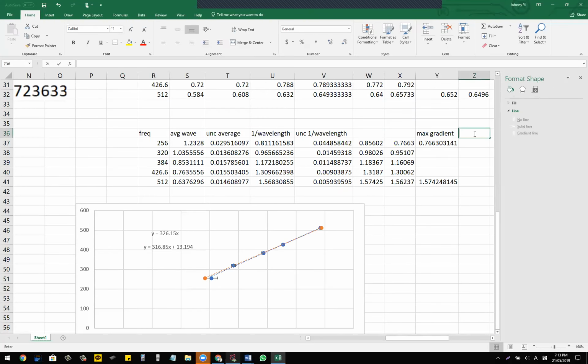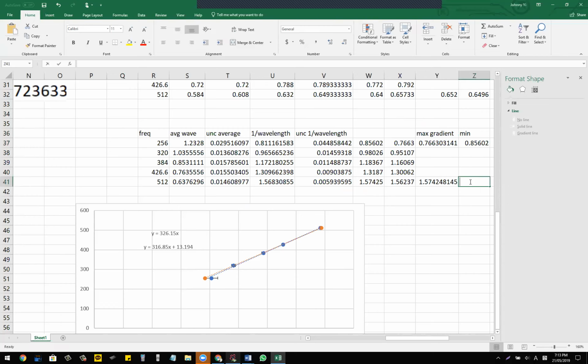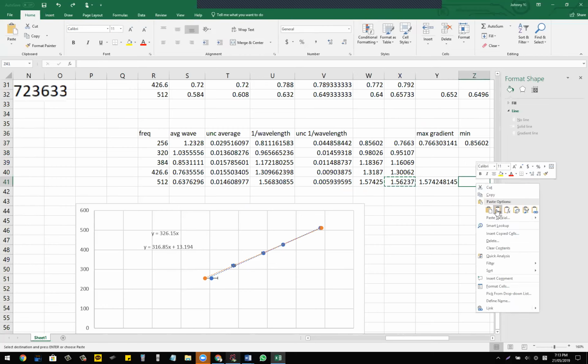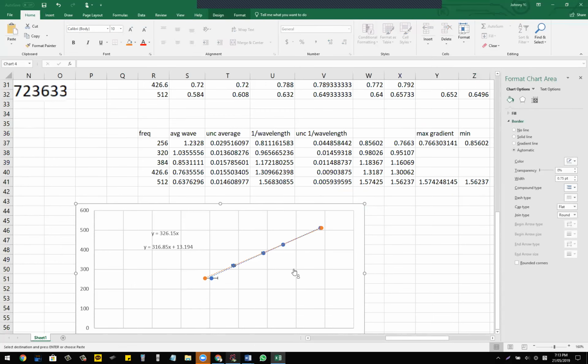Now for the minimum gradient, we will have to take this value. And then for this one, we'll have to take this value here. Okay. And then put that in as well into this, select data.